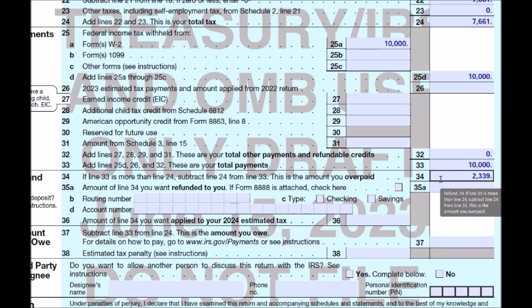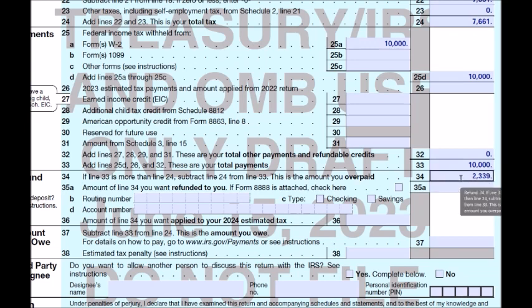And line 34, since we had $10,000 withheld, and our tax is $7,661, we overpaid, and so we do 10,000 minus 7,661, and we get $2,339, and this is the refund.